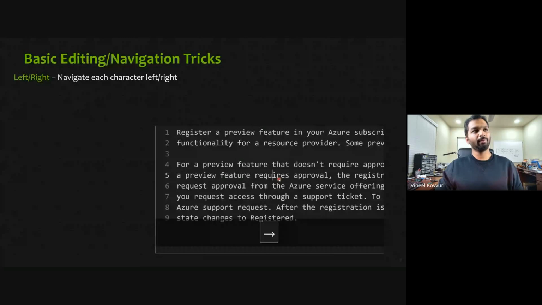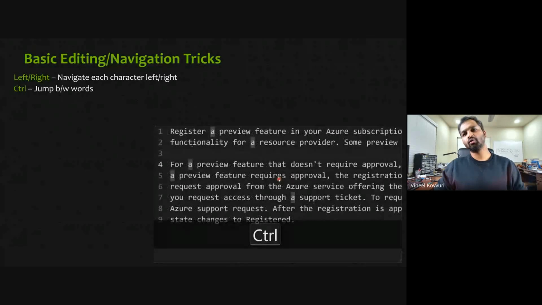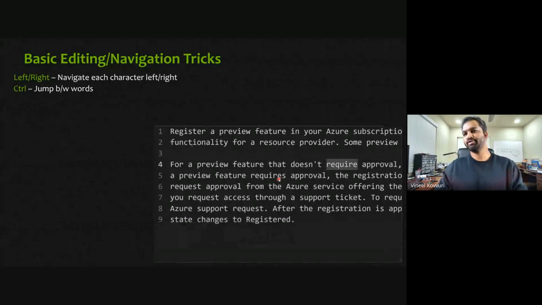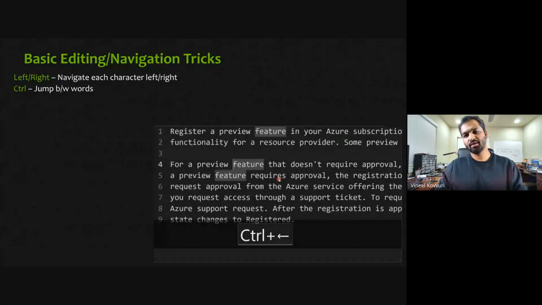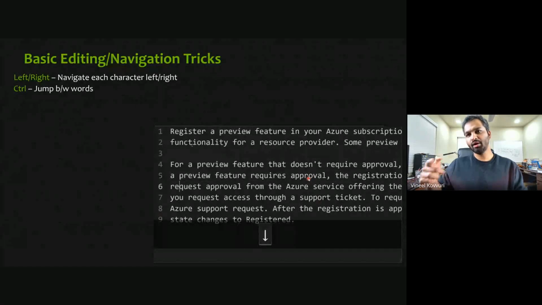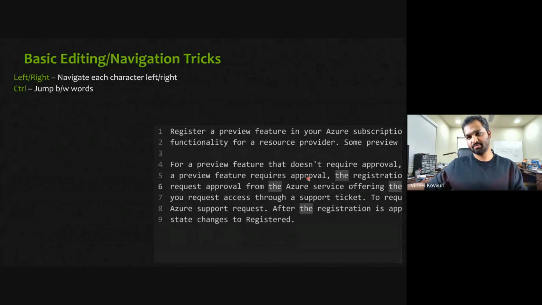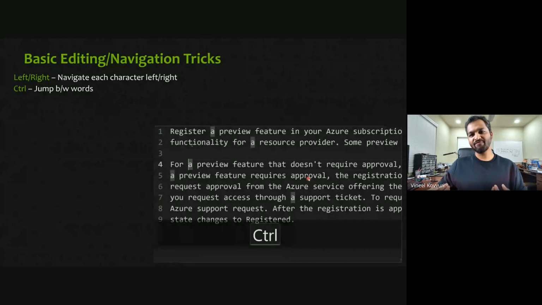Okay. Now if you use control, again the video has changed, so just carefully observe it. When I type control right arrow, look at the cursor. It is jumping one word at a time. So control is basically making your navigation faster, one word at a time.